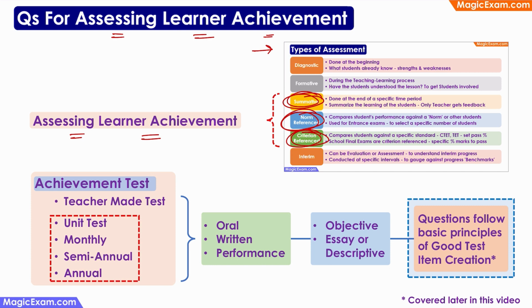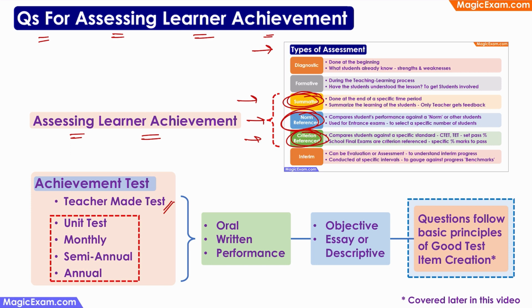And you can formulate different types of questions for this summative, norm referenced or criterion referenced assessments. So these achievement tests can be either teacher made, where the teacher is making tests for his or her own classroom. So each classroom may have a different types of test.